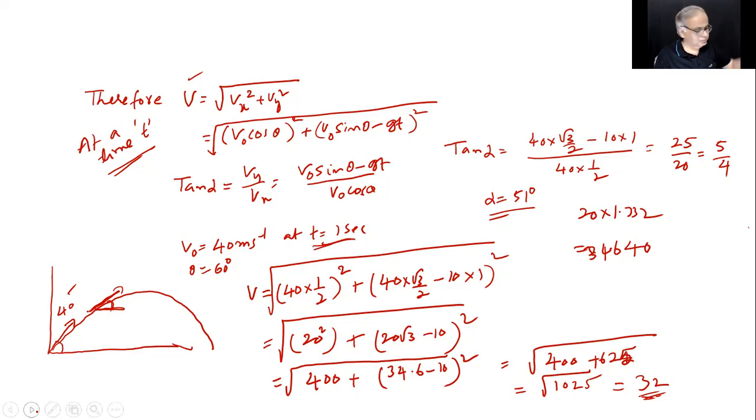Hello, children. So the first stage was what? To find out the velocity after some time. Why am I starting with velocity? Because I was given initial velocity. And I've understood that I can analyze this motion in 2 dimensions.